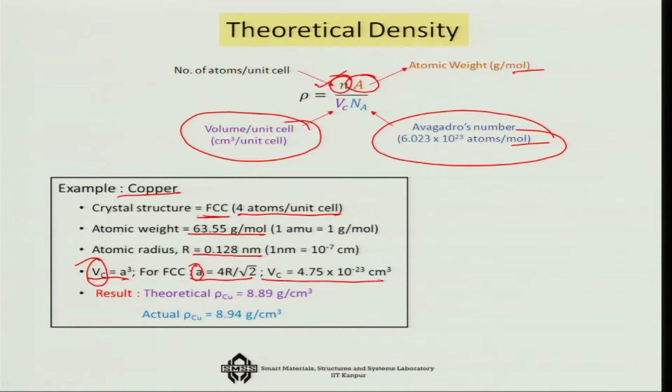So, we know the volume, and you also know the weight. If you calculate, you will see the theoretical density will come out to be 8.89 gram per cm cube. In fact, the density of pure copper is about 8.94. So, that means our theoretical density calculation is quite close to what it should be in practice.